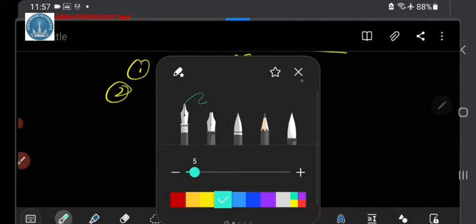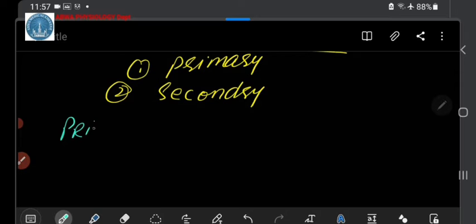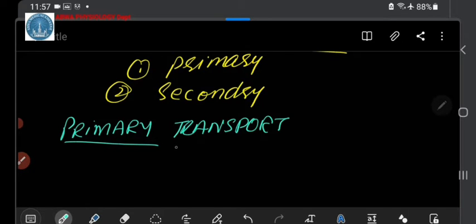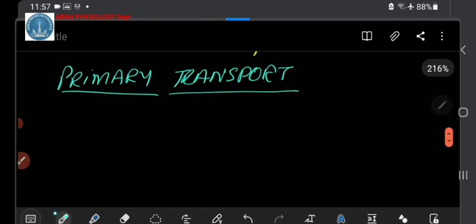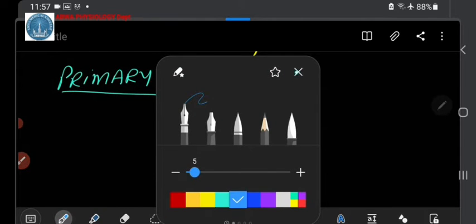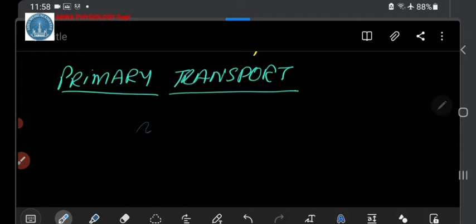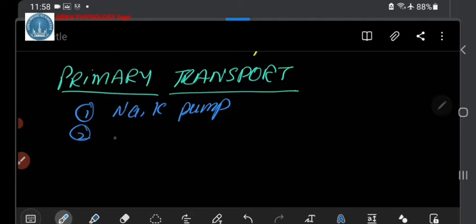So I change the color. Number one, primary transport. Primary transport mainly involves three active or mechanical pumps. Number one is the sodium potassium pump. Number two, the calcium pump. And number three is the hydrogen potassium pump.